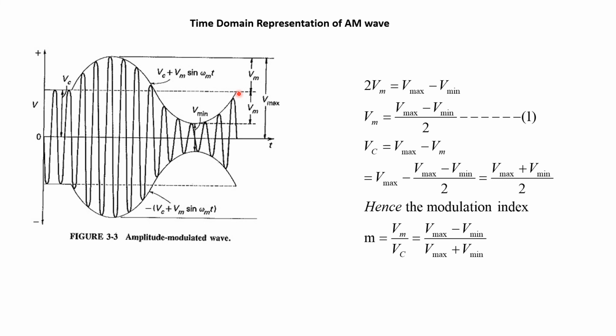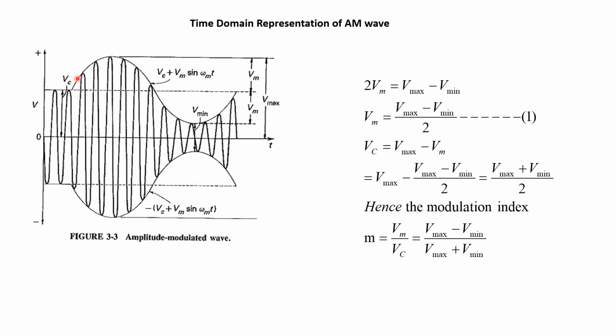Now in amplitude modulation, we superimpose the modulating wave on the carrier wave. That is, the amplitude of the carrier wave starts to vary according to the instantaneous value of the modulating signal. Therefore, if the modulating signal has zero value, then the amplitude will remain the same, that is Vc. Now it has started increasing.